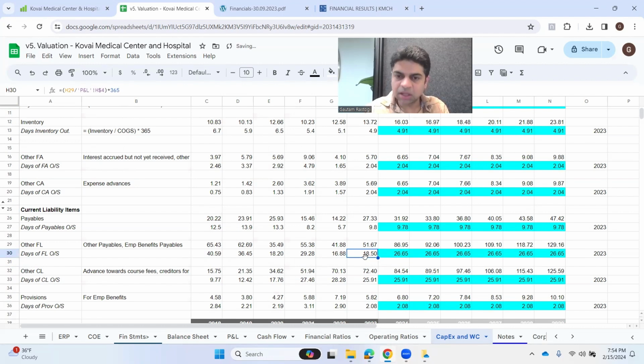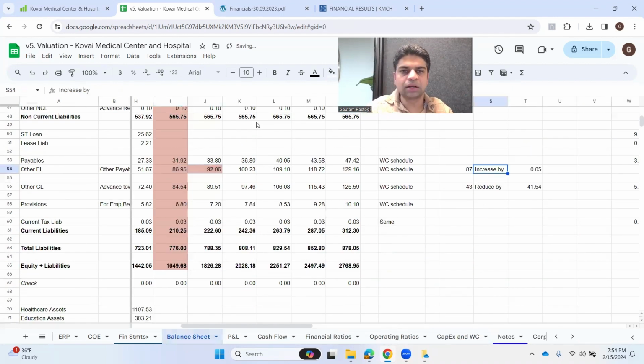But now we took the past 6-year average. In the past, the financial liabilities were higher, so when we took the long-term average, our number also shot up, and it's very close to what was reported in the latest balance sheet. So we are good here. Let's strike this off, this is done.